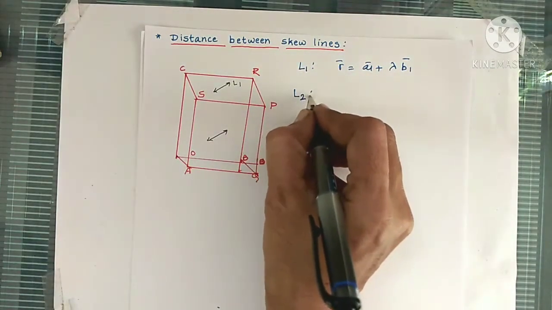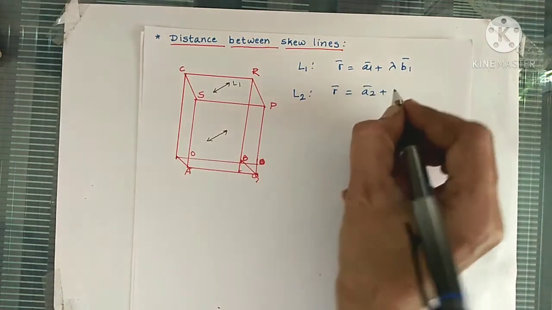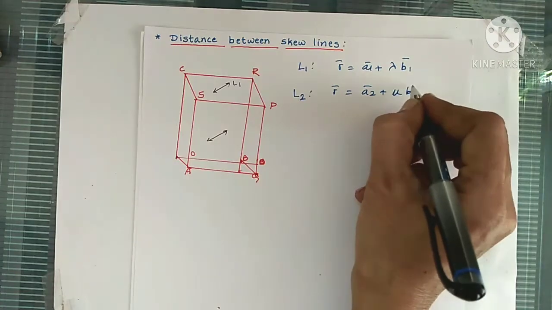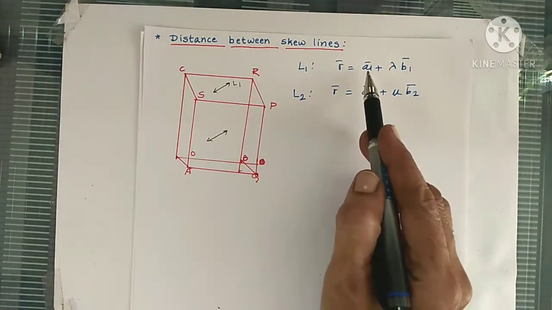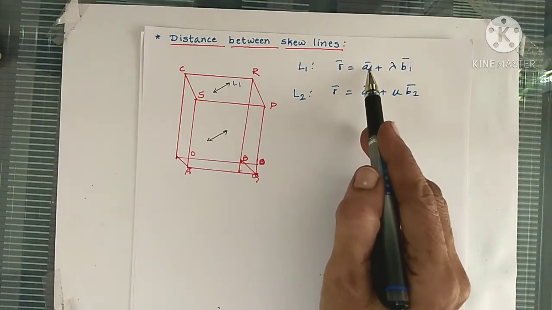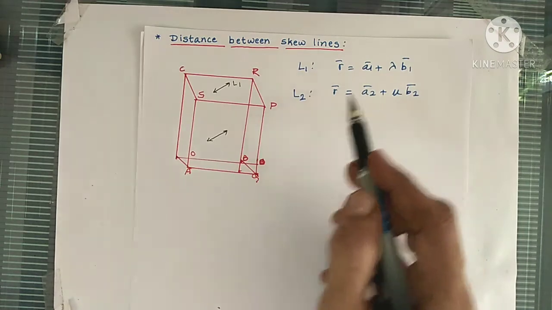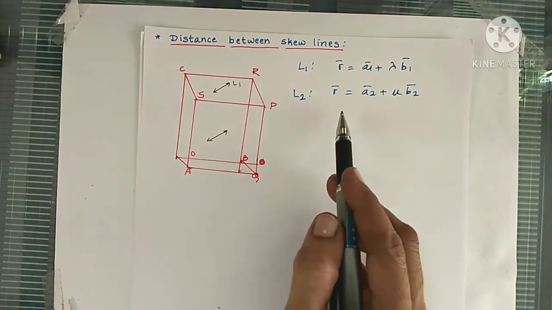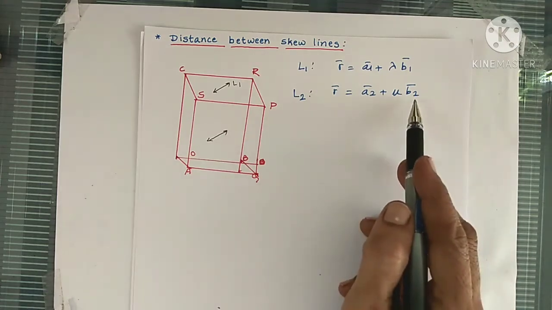And the equation of the second line L2 is r bar is equal to a2 bar plus mu b2 bar. That means point A with position vector a1 bar lies on the first line, and this line is parallel to vector b1 bar. On the second line we have a point with position vector a2 bar, and the second line is parallel to b2 bar.